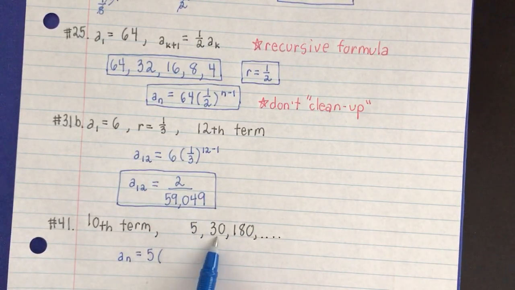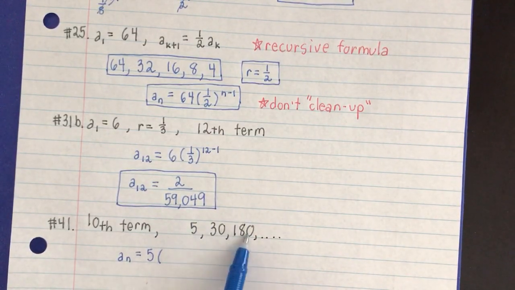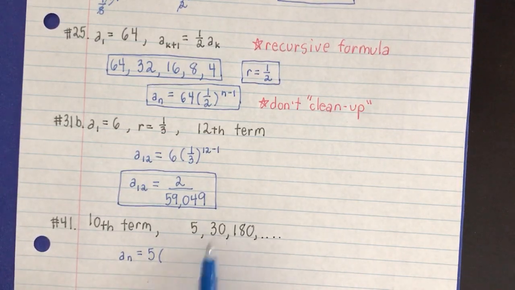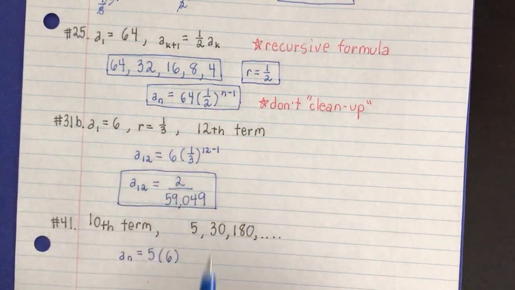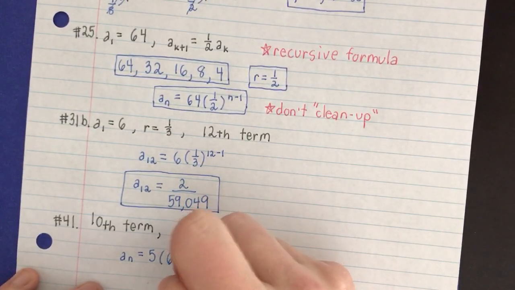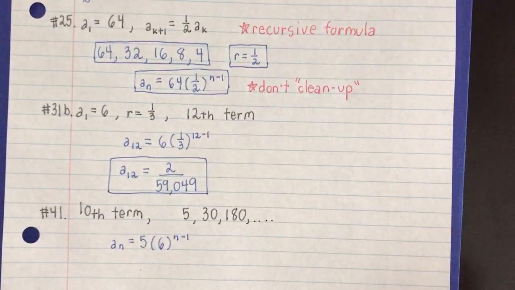To get to the next, what are you multiplying by? Obviously a whole number, not a fraction less than 1, because we have a growing sequence here. If you haven't already noticed, multiply by 6 to get to the next. That's our r, with n minus 1 as our exponent in the formula.